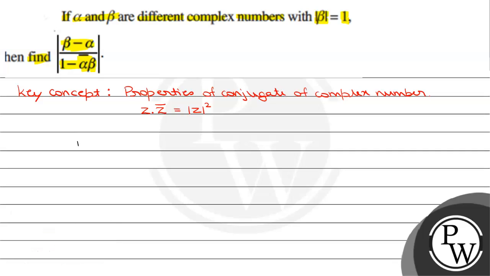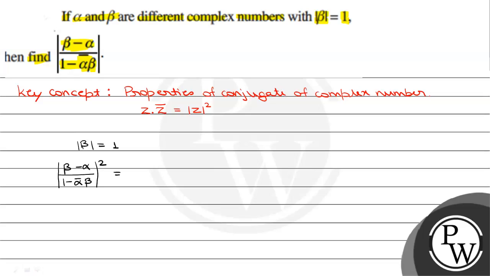In the question we are given that modulus of beta is equal to 1, and we have to find out modulus of (beta minus alpha) upon (1 minus alpha conjugate beta). So as we have seen, let's find the square of the modulus of that expression.